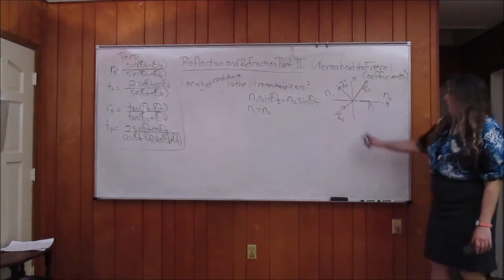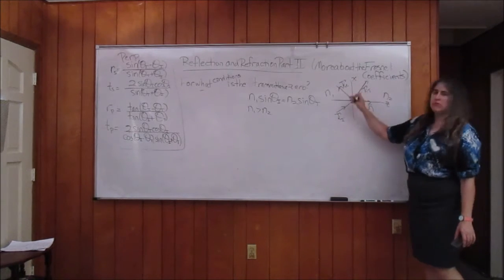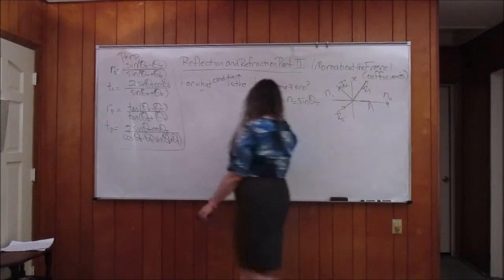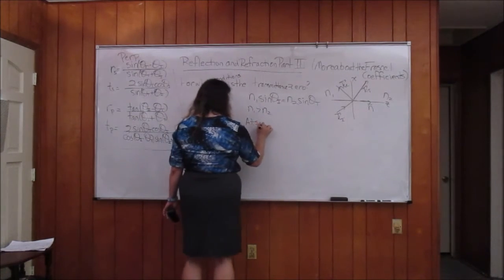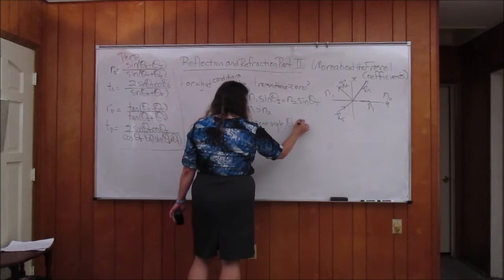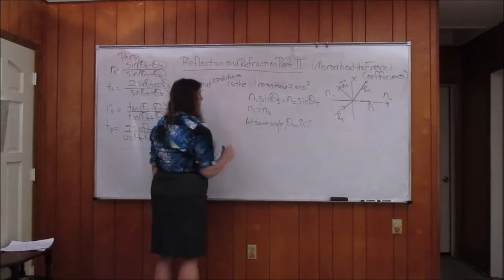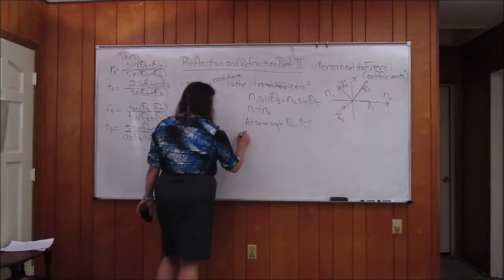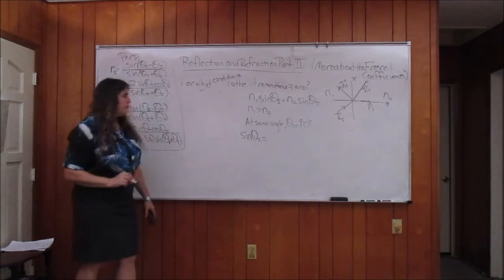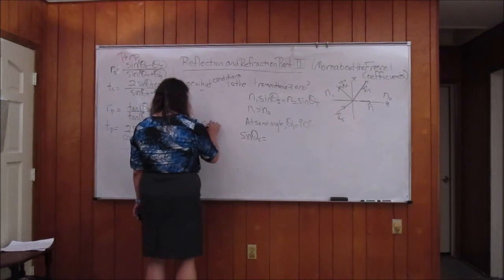Okay? So if I increase the angle of incidence, the angle of transmission is likewise going to increase. And at some point, some angle, theta T is going to be equal to 90 degrees. So I'm going to replace that subscript I by C to stand for critical angle.